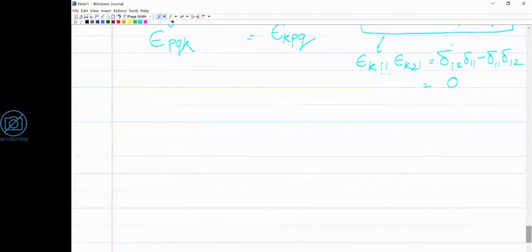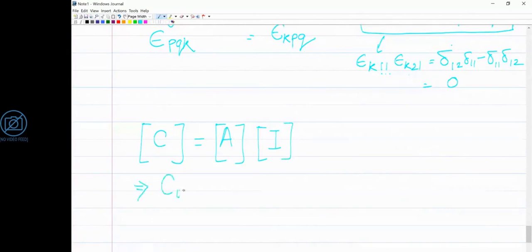Yes, that you can also show. So let me try to prove that through Kronecker delta. Suppose I have A into I equal to C. So C is the resulting matrix, equal to A into I. Then through the property of matrix multiplication, we know that Cij is equal to Aik into Ikj, right?